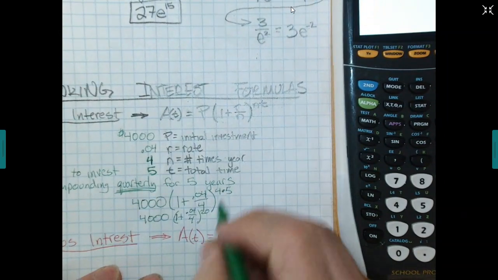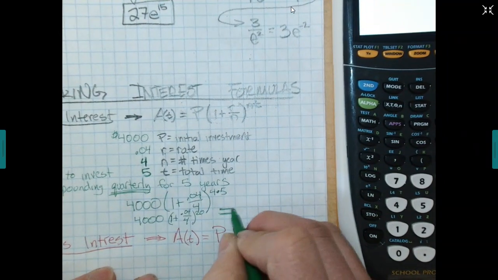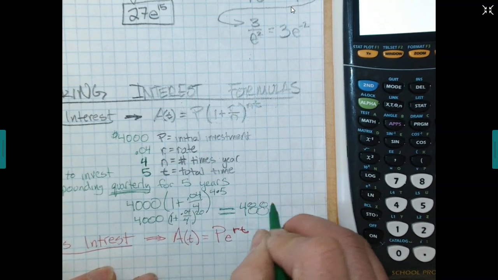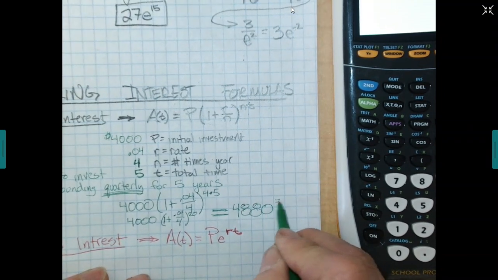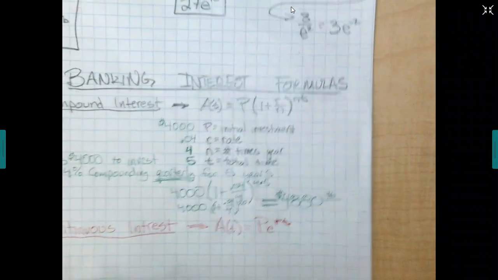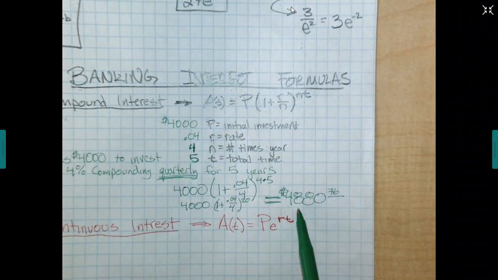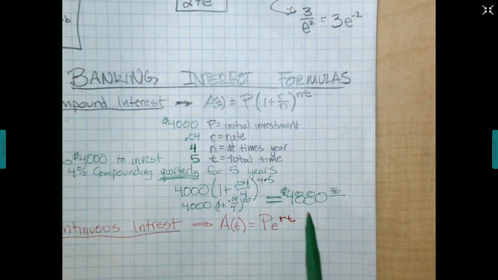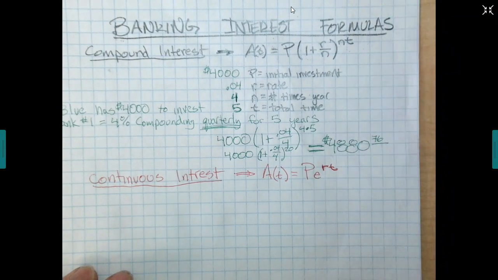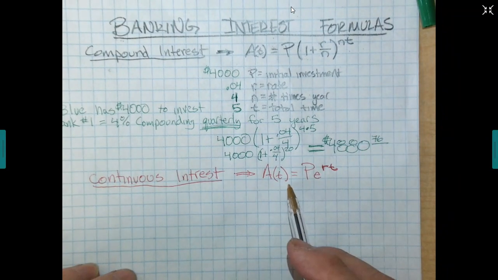So for bank number 1, I will have $4,880.76. All right, sounds pretty good. I earned $880 over 5 years for doing nothing. I'll take it. But let's compare it to my other bank and see if I earn more.